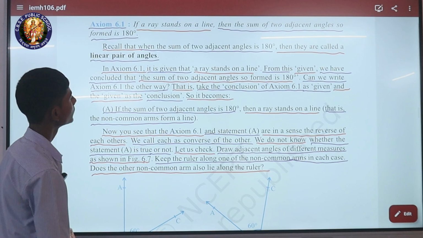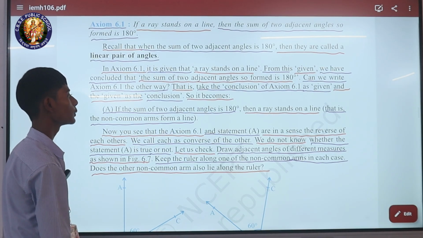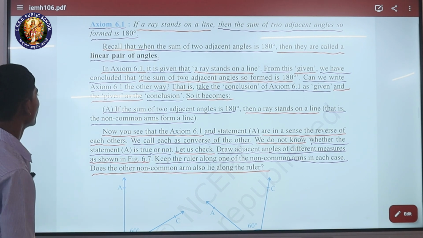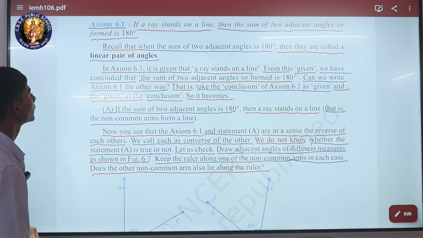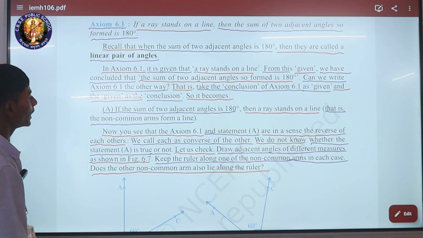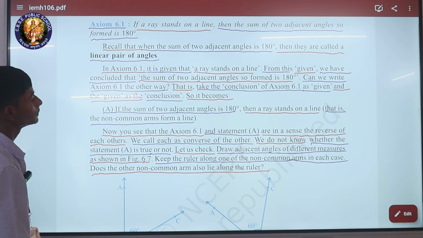That is, take the conclusion of Axiom 6.1 as given, and the given as the conclusion. So it becomes: if the sum of two adjacent angles is 180 degrees, then a ray stands on a line.